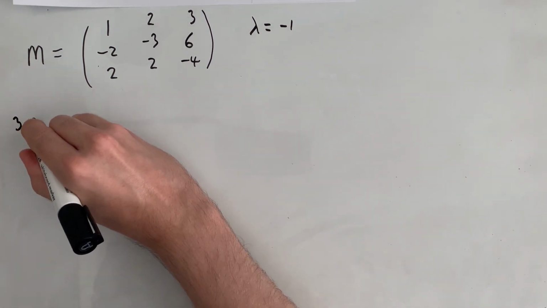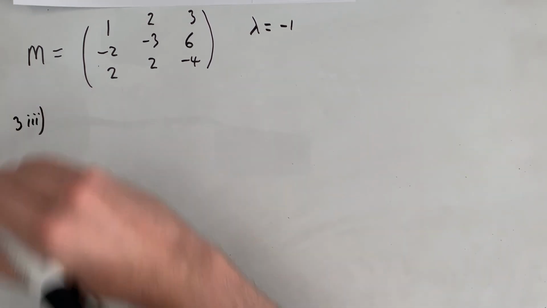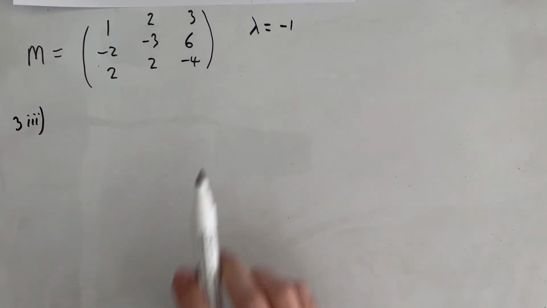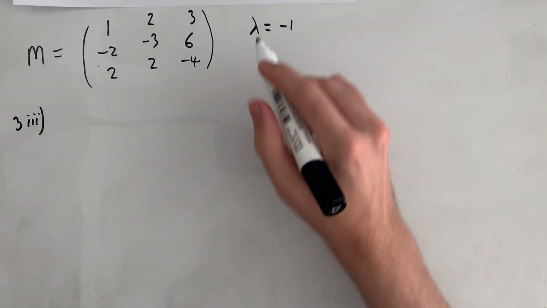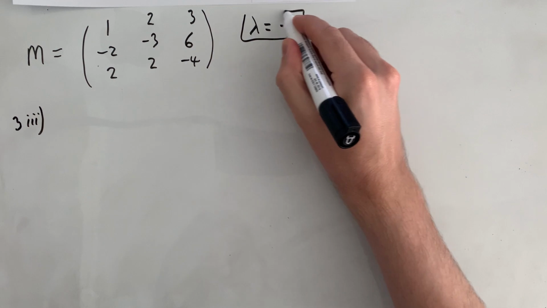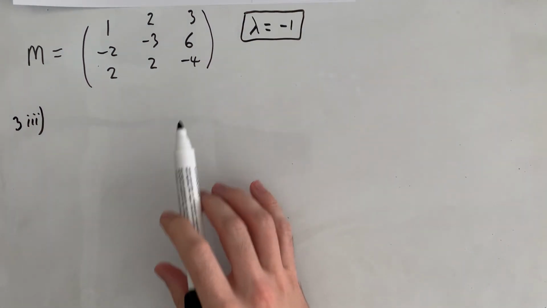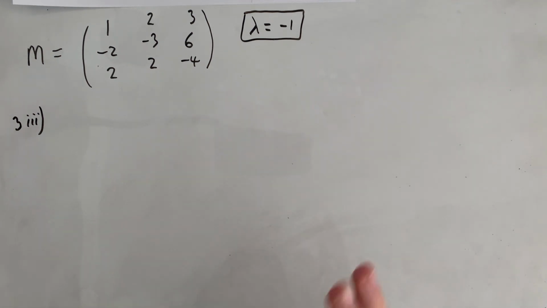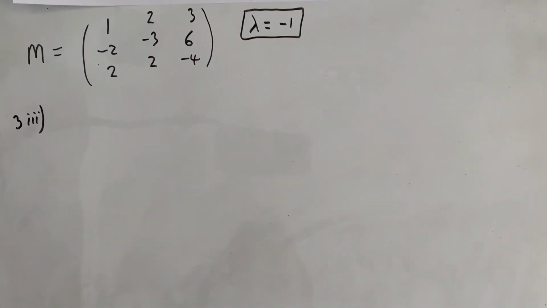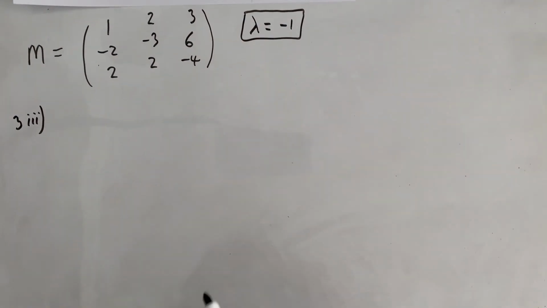So what this particular part of the question requires is that we need to find the eigenvector that corresponds to this eigenvalue. Of course, there are many ways to do this, but this particular mark scheme actually alludes to a far quicker way than having to solve a set of simultaneous equations.